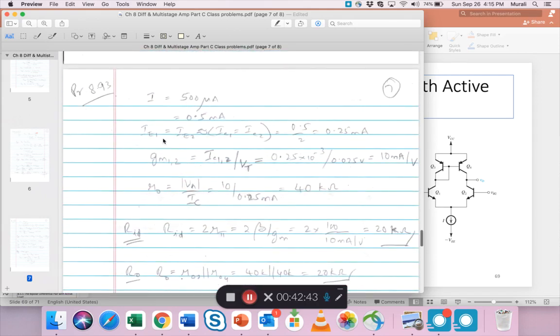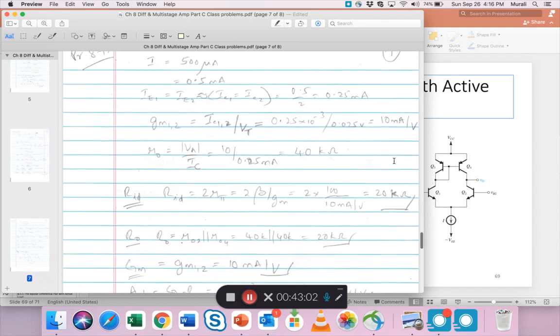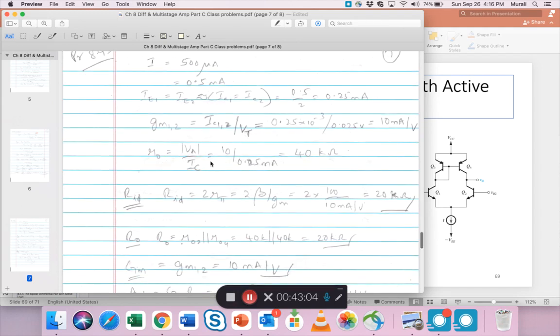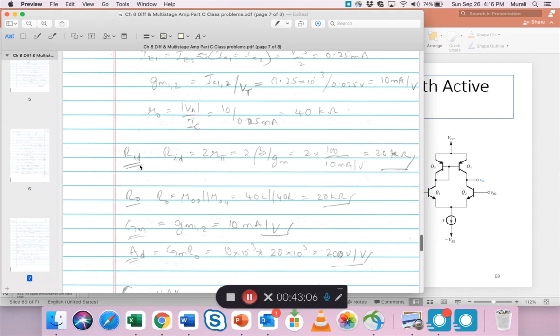Start with IE1, IE2, which is similar to IC1, IC2. We are neglecting alpha here. So it comes out to 0.25 milliamps. GM12 is IC12 divided by V thermal, which is 10. RO is VA by IC, it's 40.